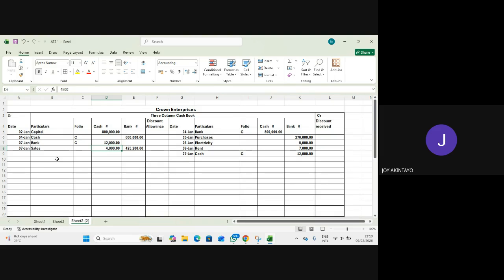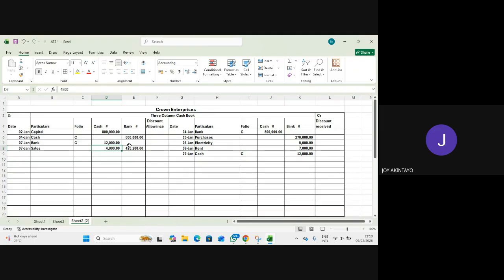While all your credit entries on your three-column cash book, you are transferring to the corresponding debit of the relevant account. I hope you understand that. So your assignment now is: you open the relevant ledger account for each of these transactions we are doing. Are we together?